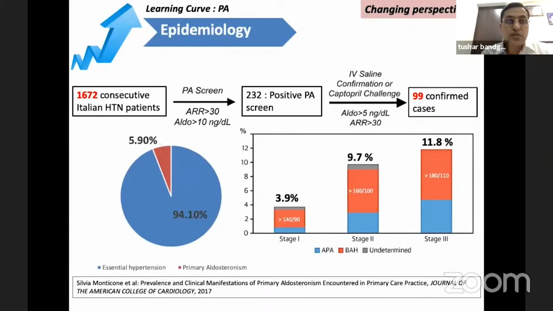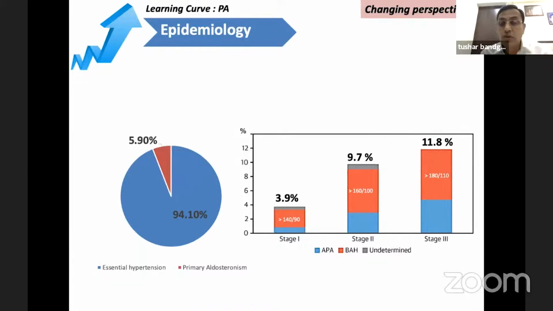So the prevalence was deemed to be 6%. So definitely, what has been taught in books is no longer true. A minimum of 6% PA in hypertension is a big number, and it depended upon the severity of hypertension, from stage 1 to stage 3, where in stage 3 it was around 12%.